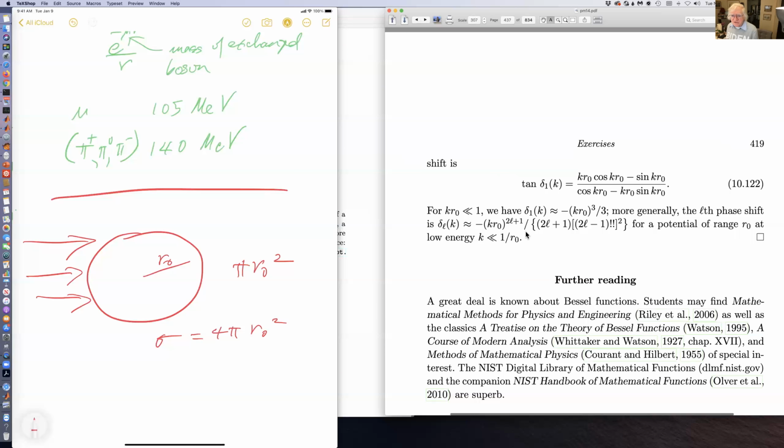Even for L equals 0, it's proportional to kr0, which is itself a small number.